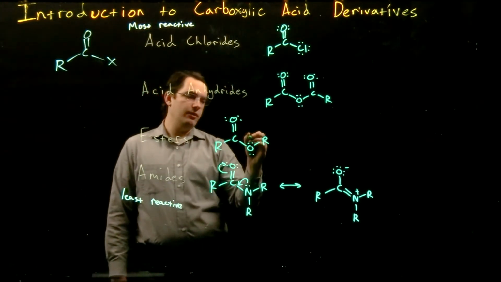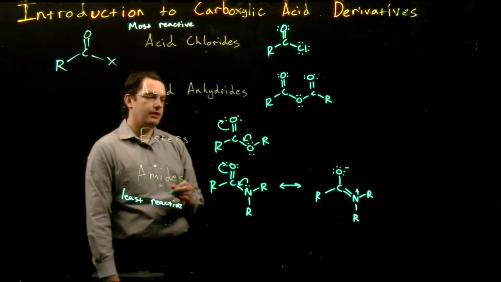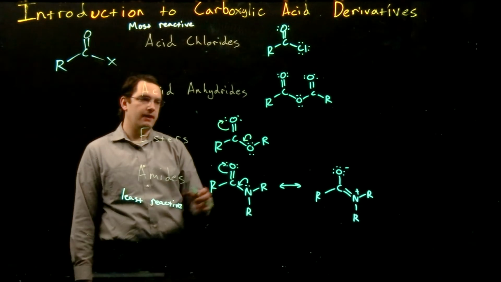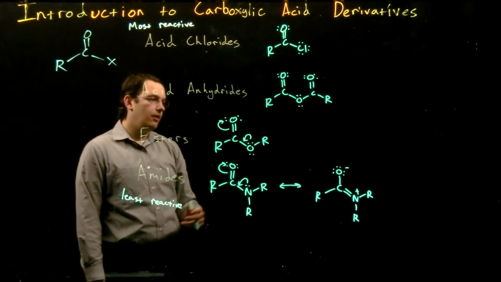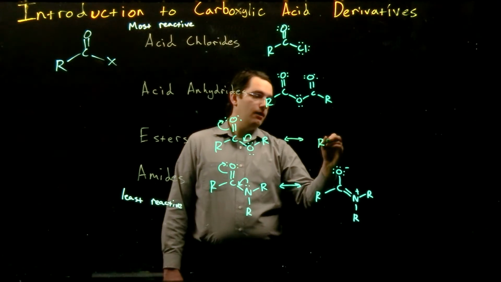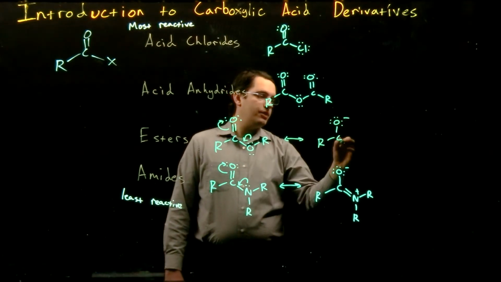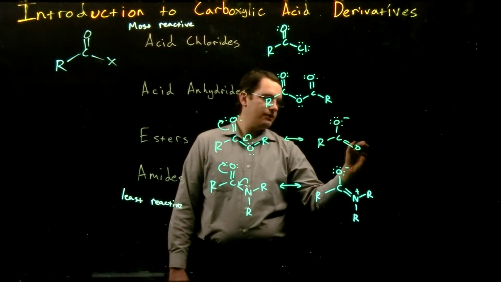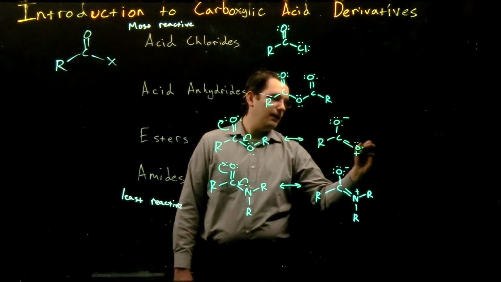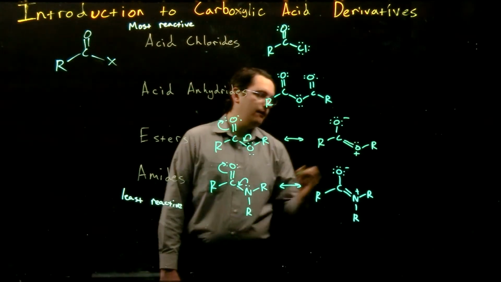Let's compare this to our ester. If we do the same thing with our ester, our oxygen decides to share those electrons in to give our carbonyl oxygen more electrons. In this case, we end up with our negatively charged oxygen up here, and our oxygen down here now gains a positive charge as it shares in that lone pair.